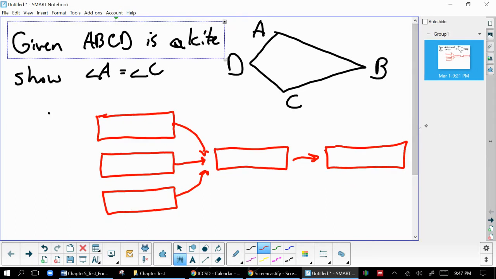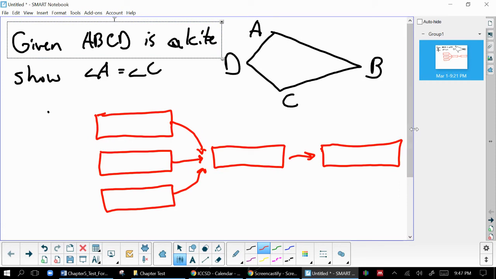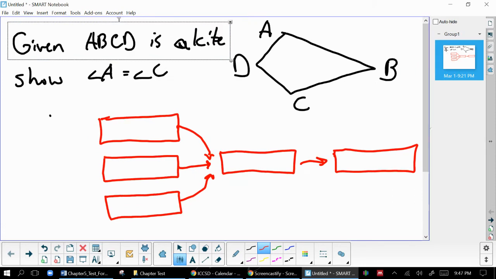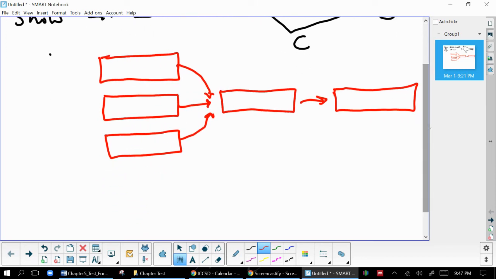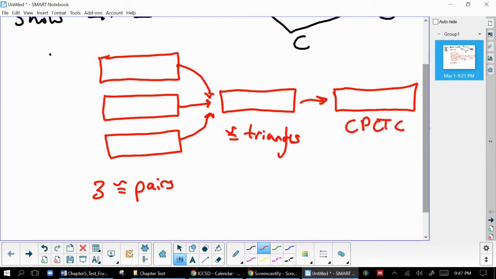So I've got my 3 congruent pairs, because every time we talk about congruent triangles, we have to have 3 congruent pairs. Then I talk about my congruent triangles. Then I can use CPCTC. So that's tip 1. Your proof will look like that.